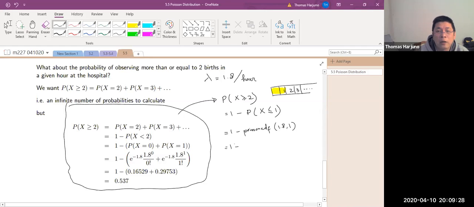I get 0.46284. If I subtract from 1, I get 0.53716. So you see that my computation is more accurate compared to what they have here.